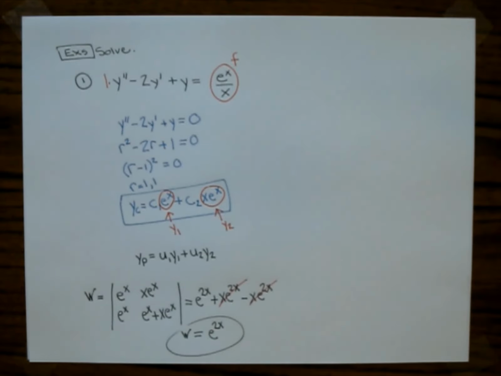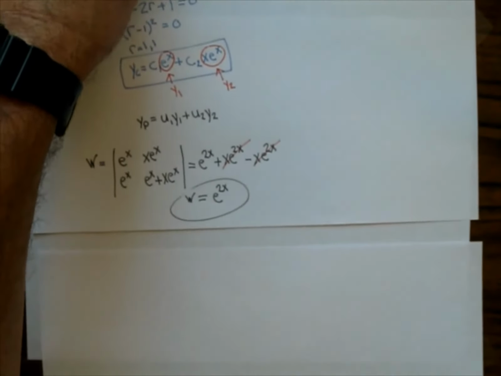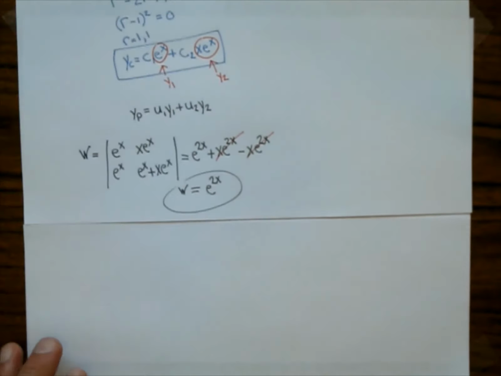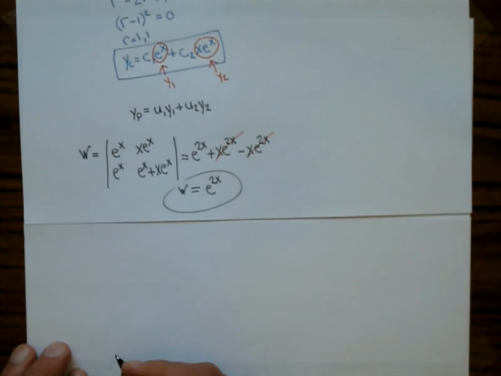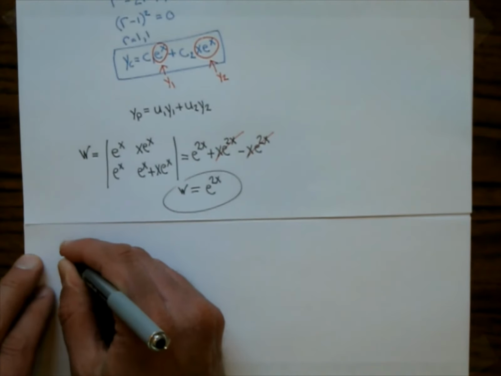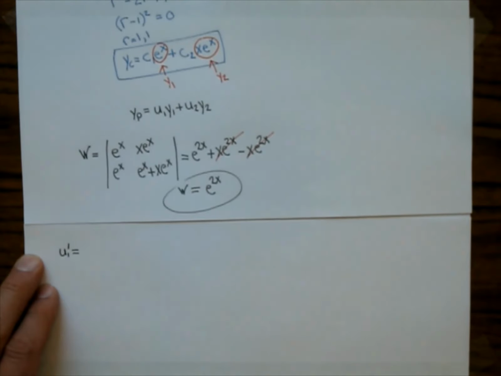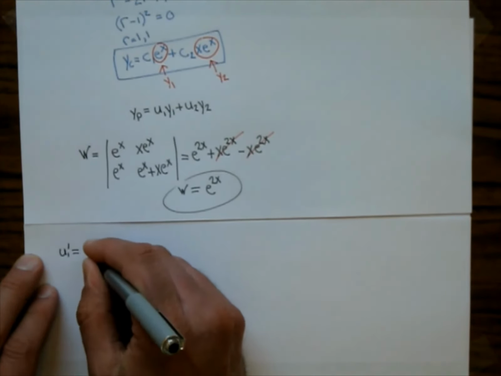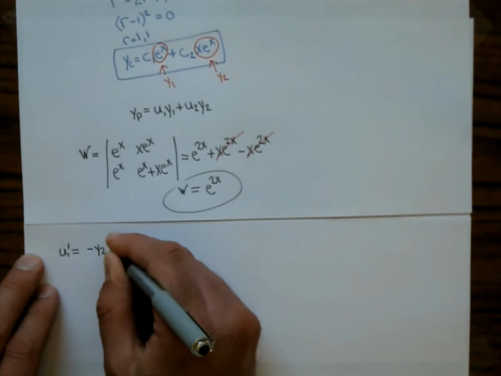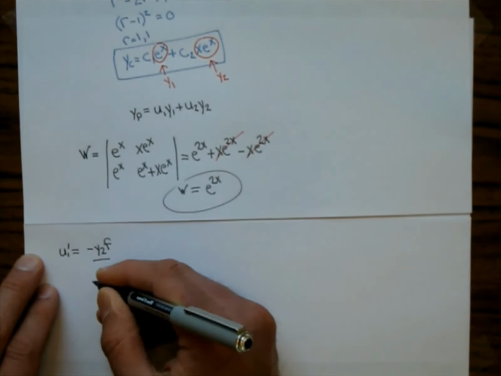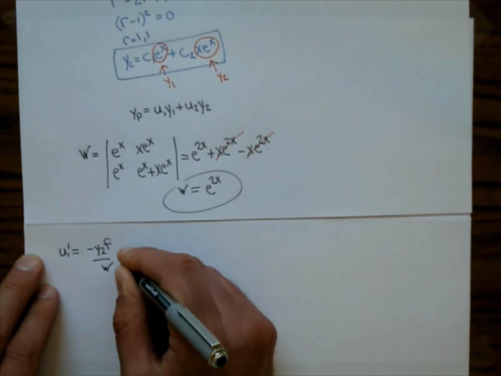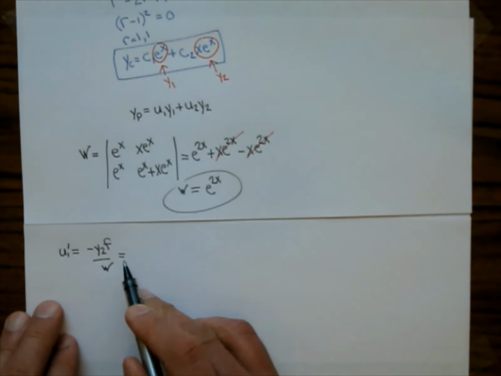Step 6 asks us to do those recipes that we learned. So I'm going to go ahead and use another piece of paper here. And so my recipes. So I got to remember these recipes. Here it is. u1 prime, and this is what we spent a lot of that PowerPoint deriving. The u1 prime is negative y2 f over W. So let's go ahead and see what y2 is.